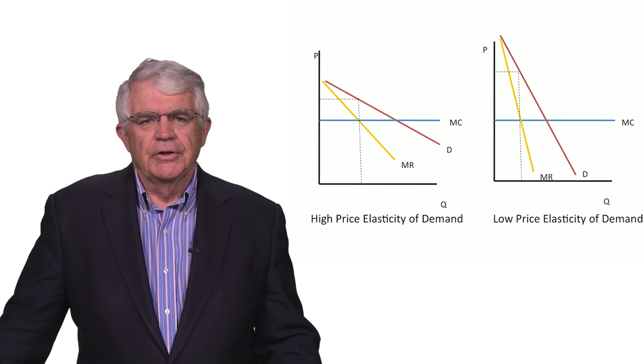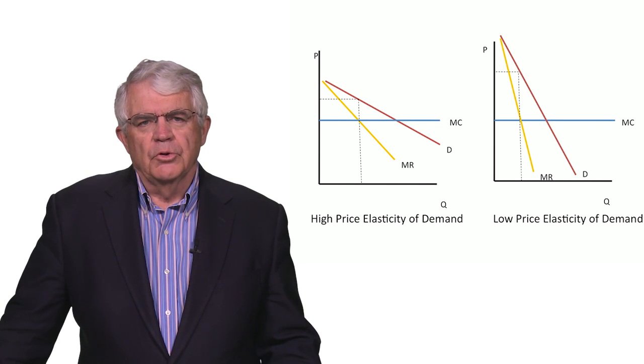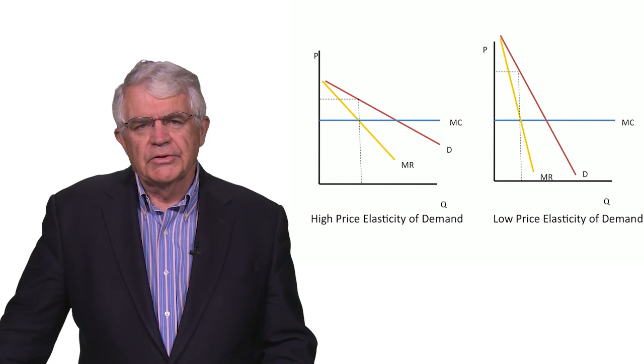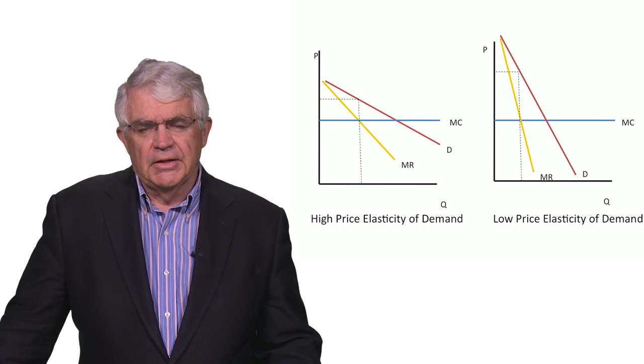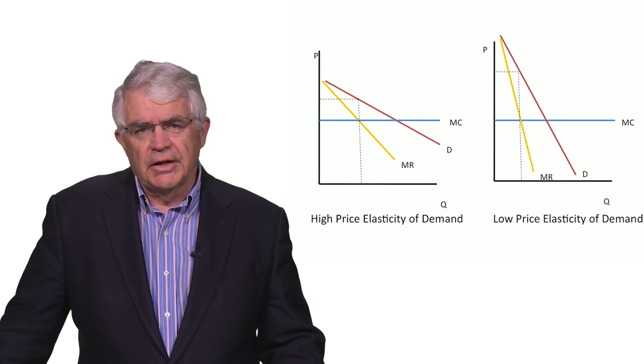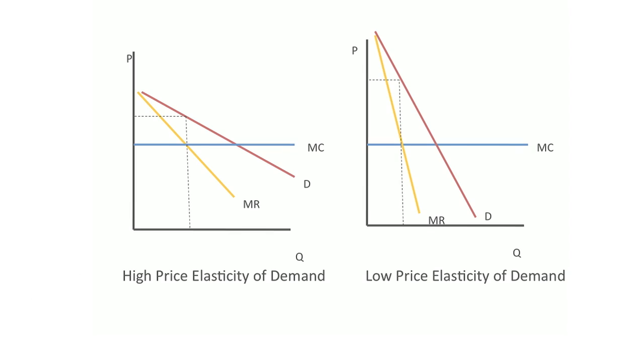Another way to put it, on the left, the consumers are quite sensitive to the price. When the price changes, the quantity demanded changes a lot. That's that demand curve being kind of flat there. So you change the price by a little bit, for example, by that amount, and you see a big change in the quantity demanded.